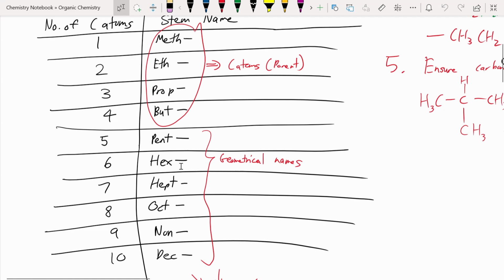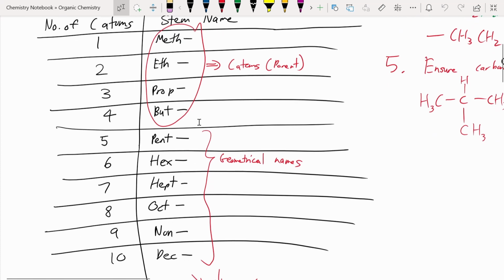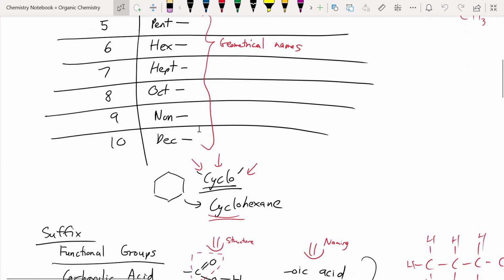So it'll be pentagon, hexagon, heptagon, octagon, nonagon, and decagon. But the first 4 are special. Those only apply for the parent molecules and to name the number of carbon atoms in the longest chain. So they are meth, eth, prop, and but. For prefixes, there's a separate numbering system, so I will address that later.